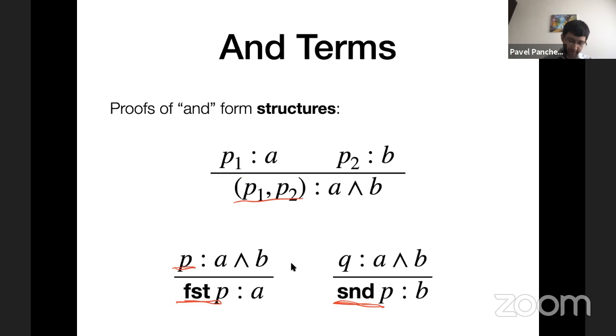It's a structure that contains a proof P1 of A, and a proof P2 of B. And so naturally, if I have those 2 proofs, I can put them together in a structure. If I have this structure, I can extract the proof of A and the proof of B out of it. So, questions about proof rules for and introduction and elimination?